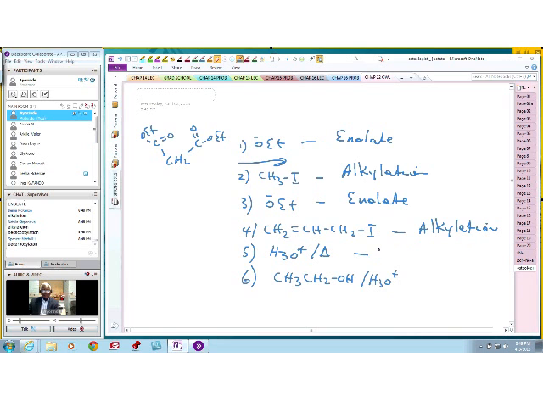That will be hydrolysis and decarboxylation. And finally step 6. What is step 6? Fischer esterification. Very good.